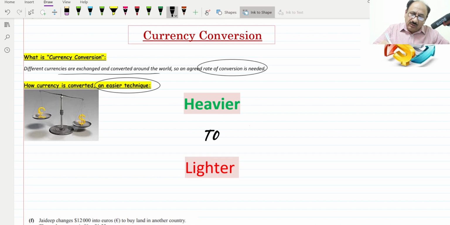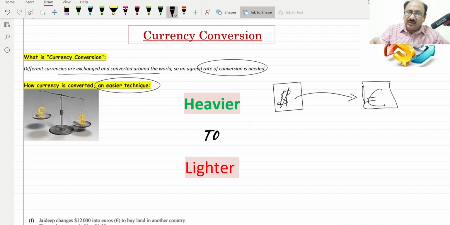When we convert one currency to another currency, for example euros or something like that, one of them will be the higher currency and the other one will be the lower currency, or you can say one will be the heavier currency and the other one will be the lighter currency. This is what you will have to identify.